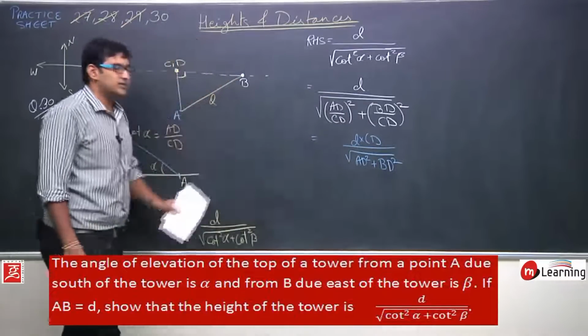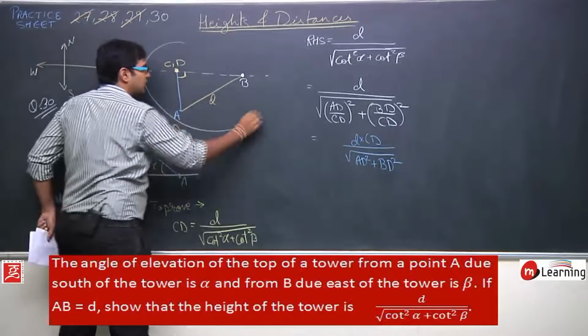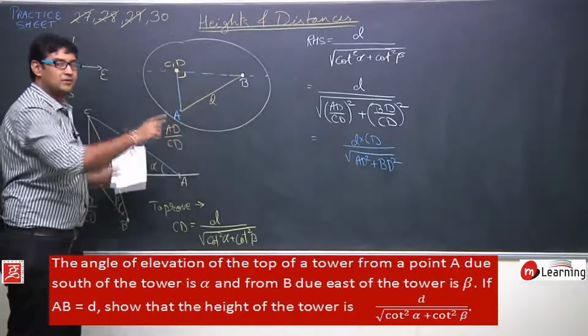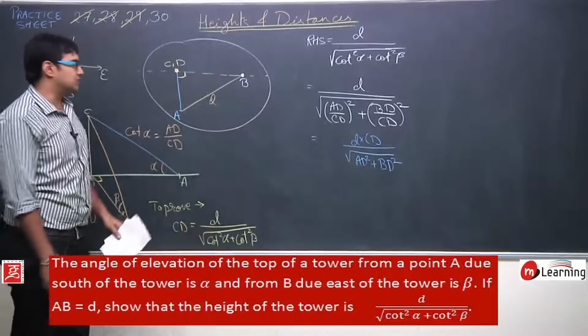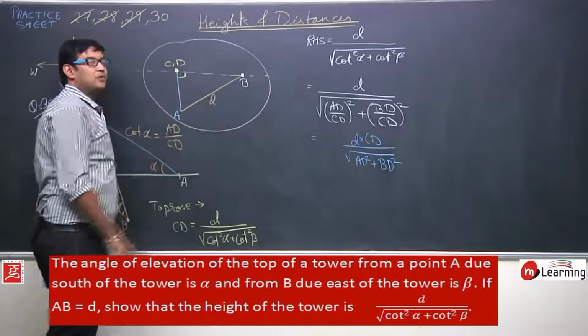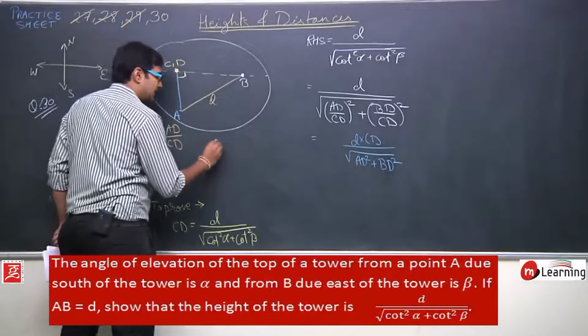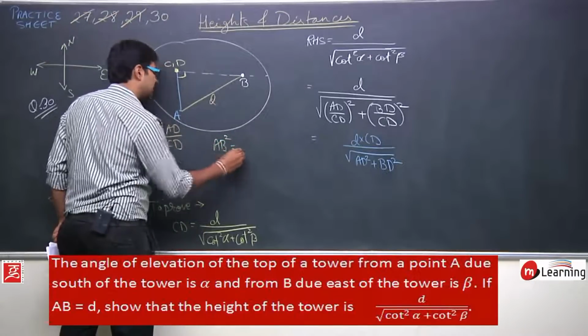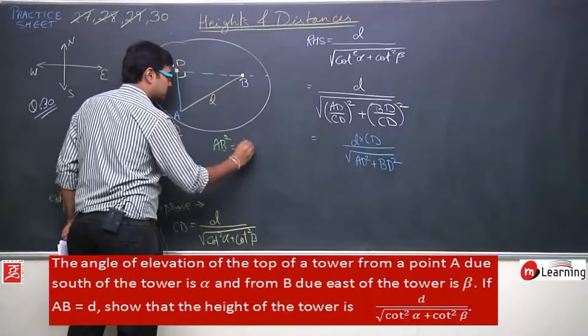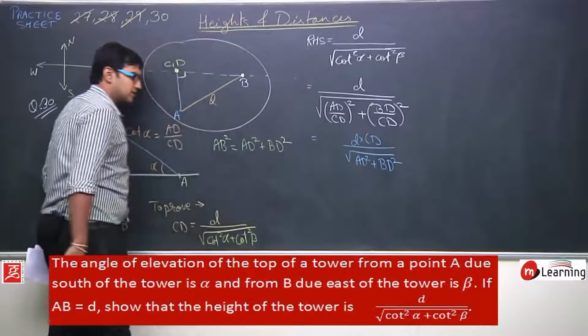Now what is AD square plus BD square? Try to observe this diagram. Try to observe the top view of the same question, same situation. I can see this is a right angle triangle where AB represents the hypotenuse. So by using the Pythagoras theorem, I can write AB square is equals to AD square plus BD square.